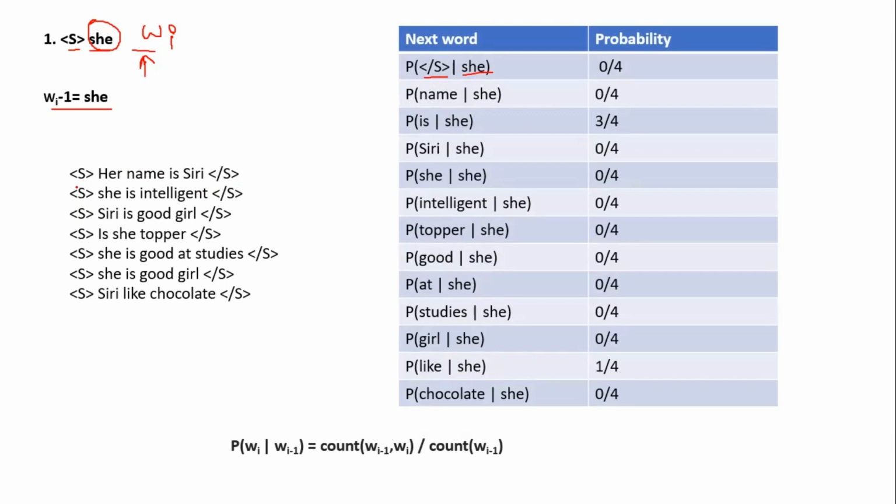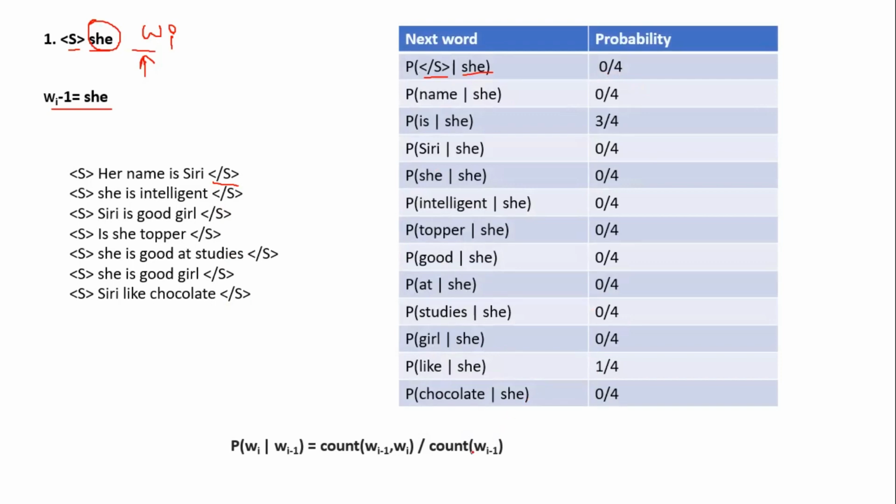So you can't take she before start. So no need to consider that. And end, you will take end. So the previous word can be she. So check whether we have she as the previous word of end. There is no such sentence. So the probability will be 0 by 4.